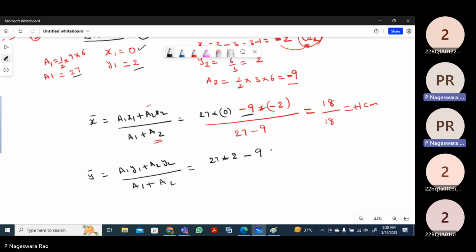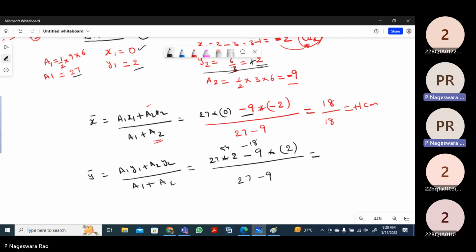So minus 9 into, and what is the y2 coordinate here? Because it is in the second quadrant, y will be positive. That will be 2, so y2 is a positive value. Here we get 27 times 2, which is 54, minus 18.